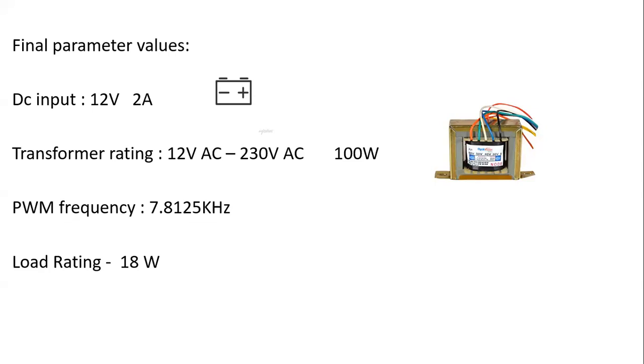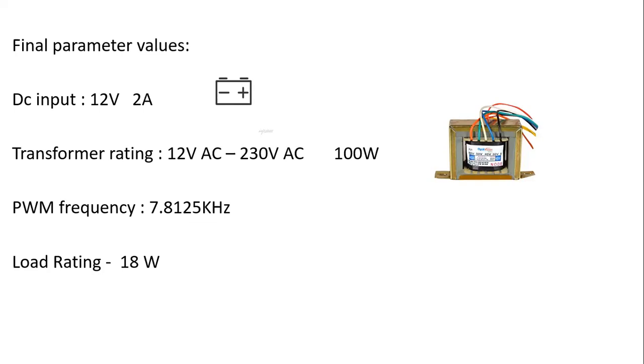Thank you, everyone. So as per this presentation, the people of Indian Institute of Engineering, Science and Technology have selected these final parameters. They will be giving 12 volt DC from their regulated power supply, and it can draw 2 ampere. This 12 volt will be converted to 12 volt AC.